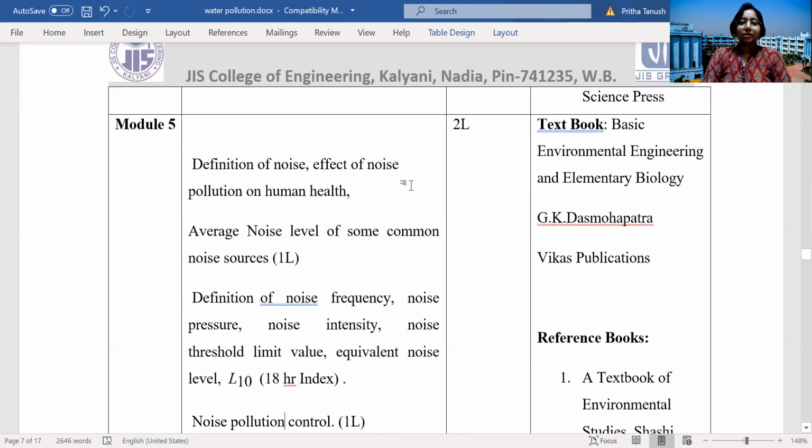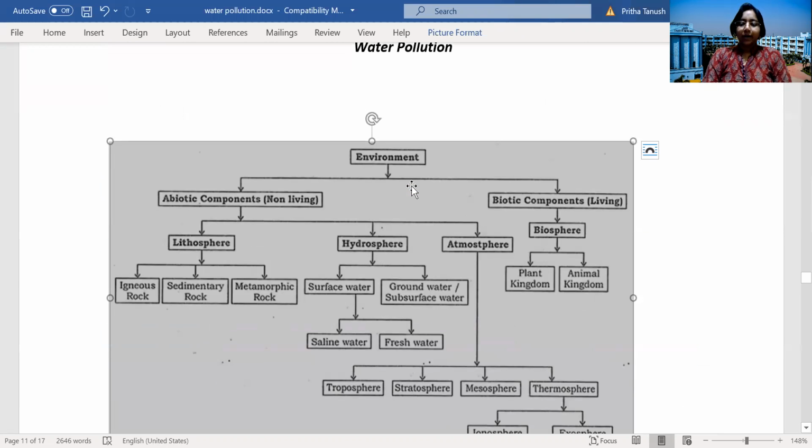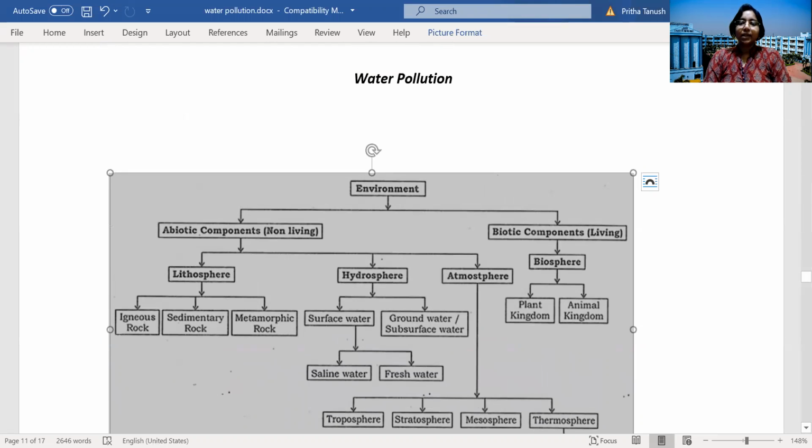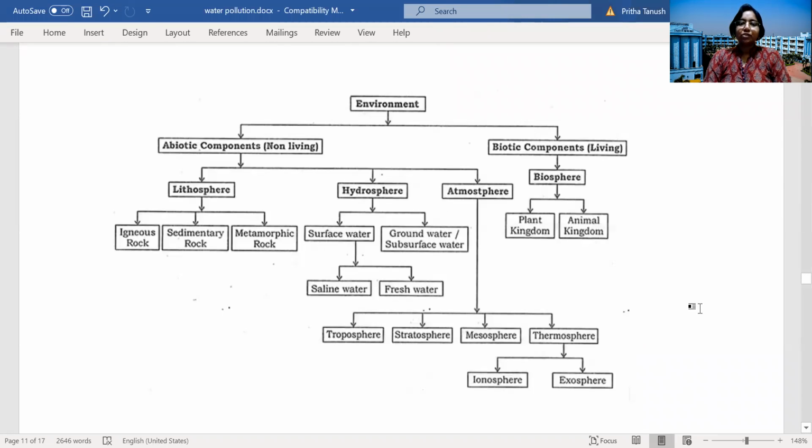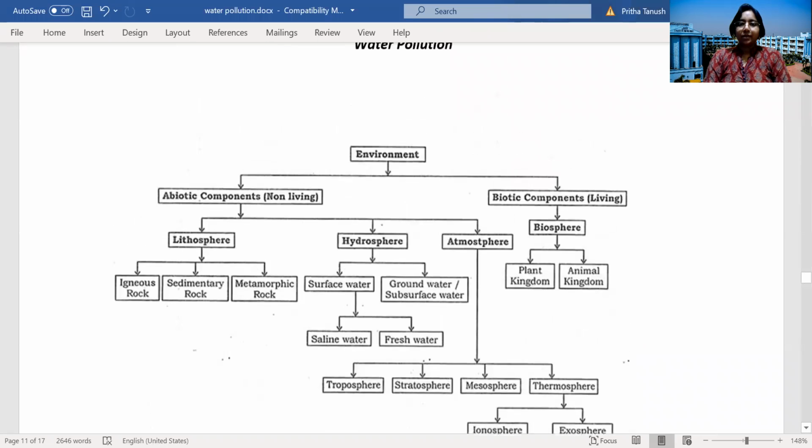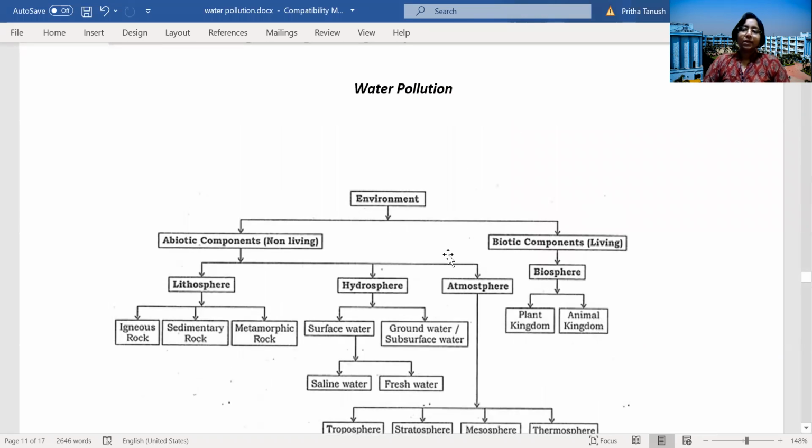So first thing, that is the water. First I will tell about water, or you can say the hydrosphere. That is a very important part of our environment. In the general part, you have already learned the components of environment, that it has 4 components.